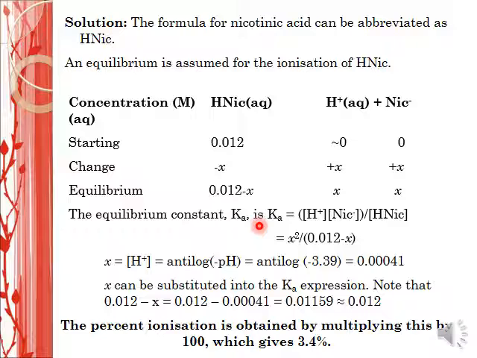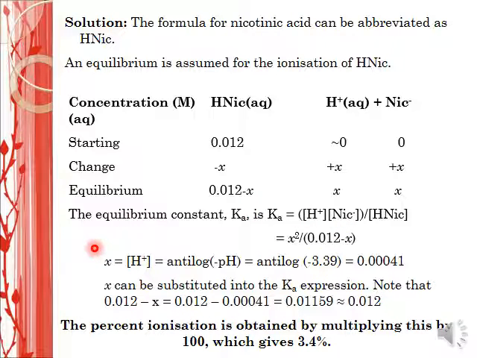Ka, the acid dissociation constant for nicotinic acid, is the multiplication of the products over the initial concentration. So here X times X, X squared, divided by 0.012 minus X.